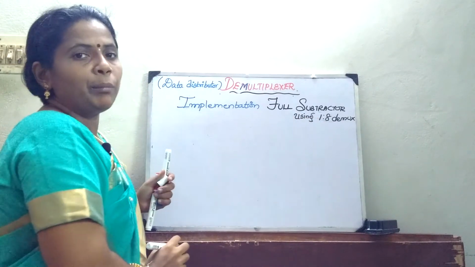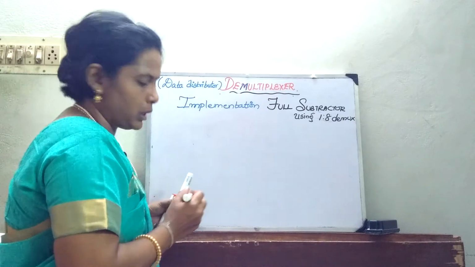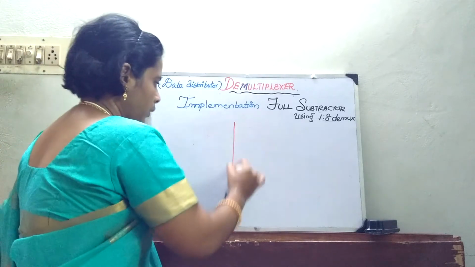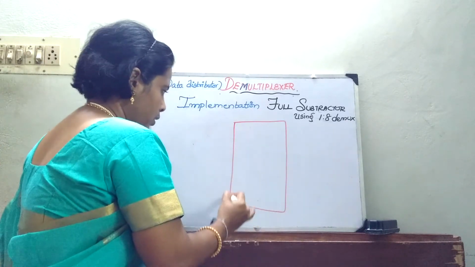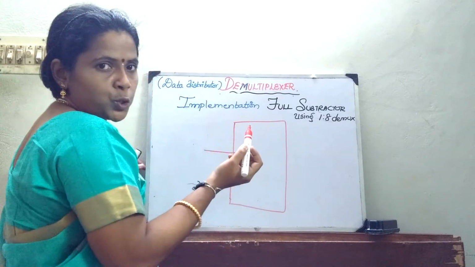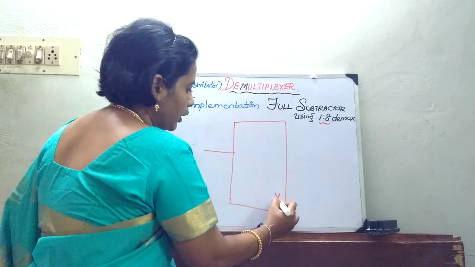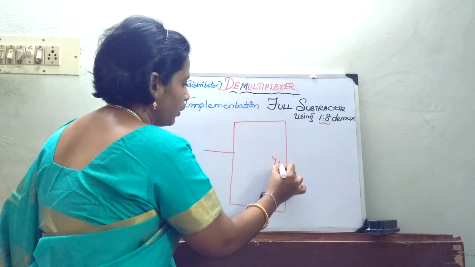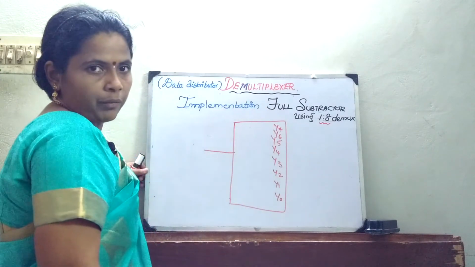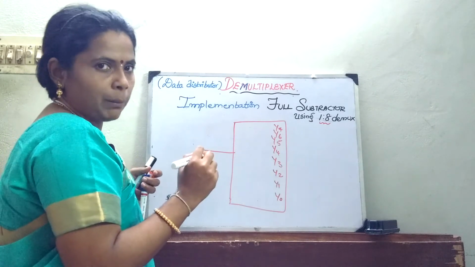How to implement the full subtractor, which is nothing but a combinational circuit, using a 1x8 demux. Now what you have to do? How many inputs should be there? You should have one input. And how many outputs? You are going to use 8 outputs: Y0, Y1, Y2, Y3, Y4, Y5, Y6 and Y7. First we have to write the expression for the full subtractor.